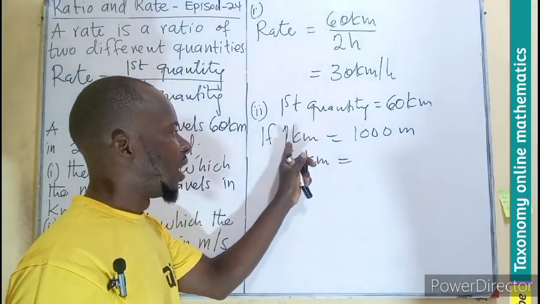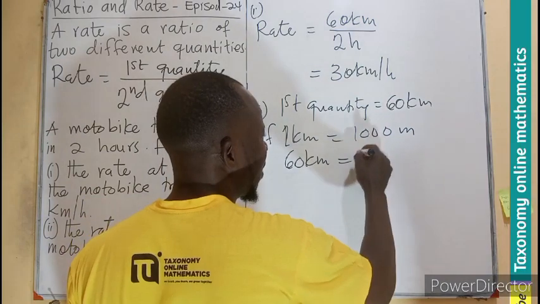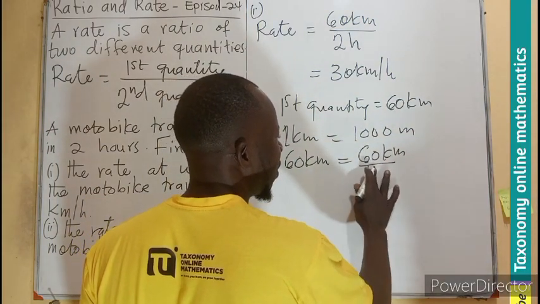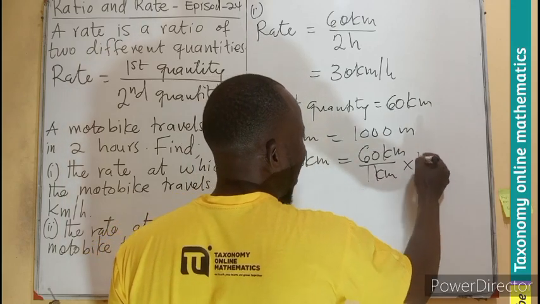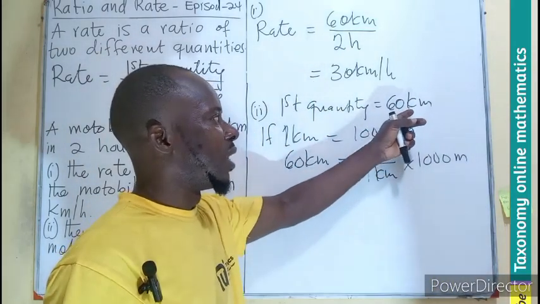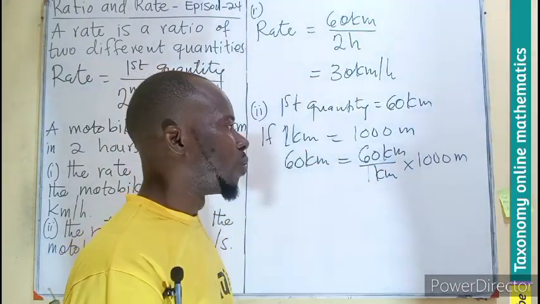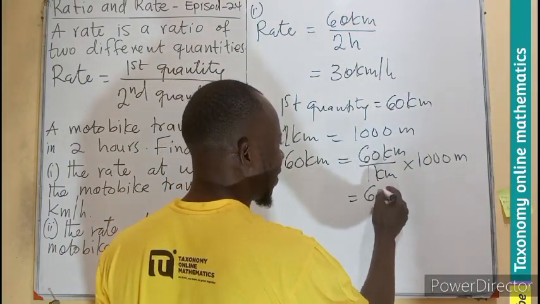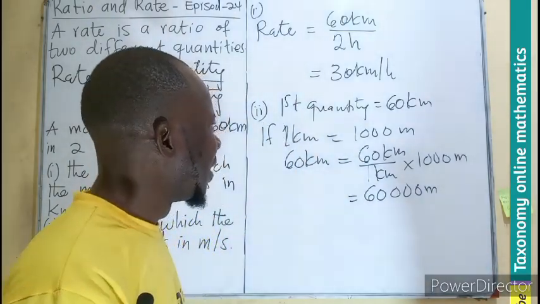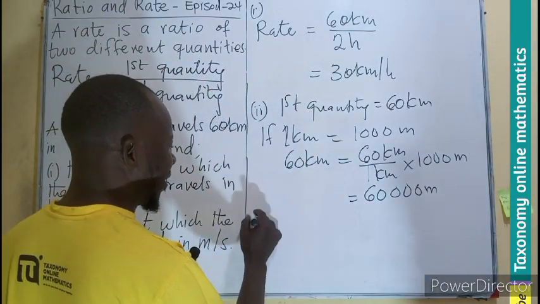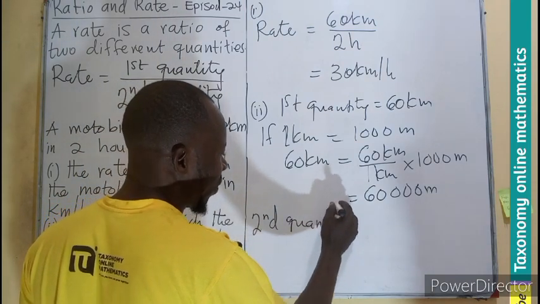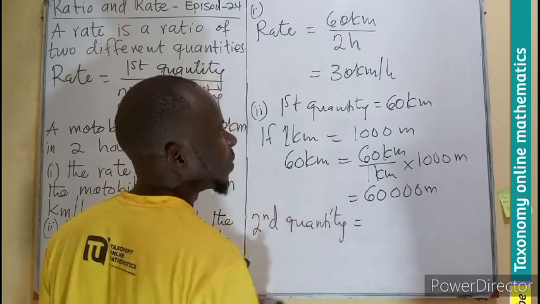So if more, let's multiply: 60 kilometers over 1 kilometer times 1,000 meters, which will give us 60,000 meters.